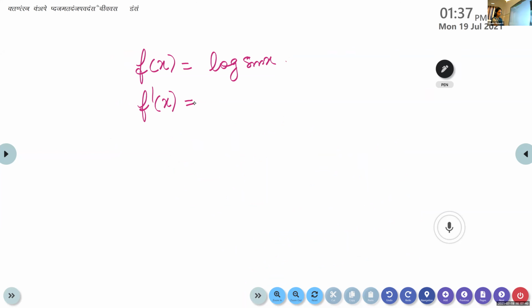What is the derivative of log x? 1 by x. So what is the derivative of log sin x? 1 by sin x. Yes, good.